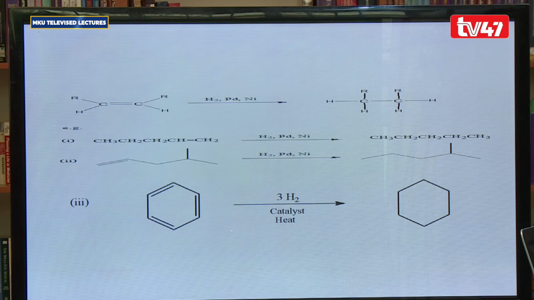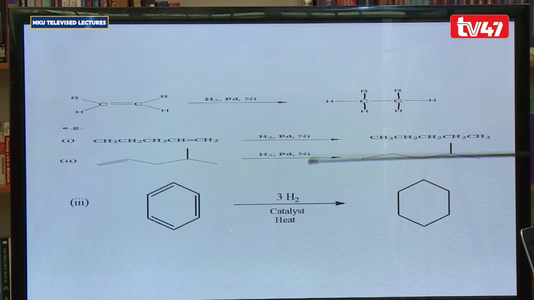Now, hydrogenation converts alkenes to alkanes. And we said that alkanes have higher melting and boiling points than alkenes. So it means that hydrogenation results in molecules that have higher melting and boiling points. And therefore, you may find that you are converting, say, liquids to solids. That is important, particularly, for example, in the oil industry, where liquid oils, by addition of hydrogen at positions of double bonds, are converted into saturated oils, which are solid, which is referred to as hardening of oils.